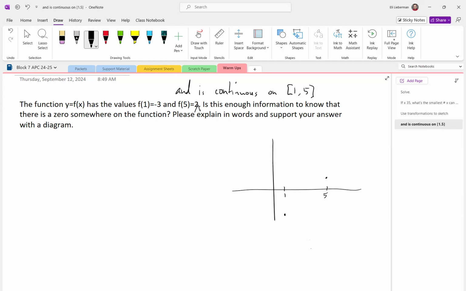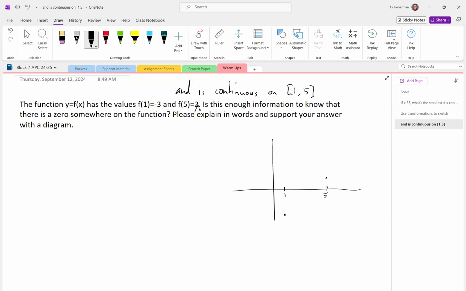I don't know if you've studied this word continuous, but does it make sense as a feel for it? This kind of changes things, doesn't it? Continuous means you could draw it without lifting your pencil from the paper. There's no break, there's no asymptote or anything. So if this were the case, then the answer would be yes, for sure there is a 0.